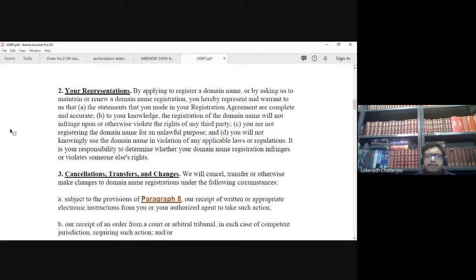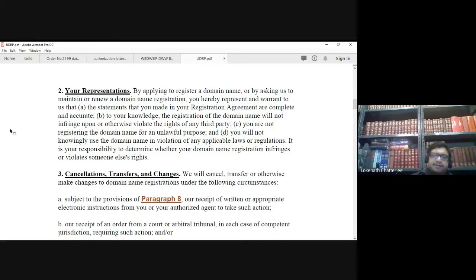So there is an implicit undertaking, there are these 4 essential undertakings: that the information is complete, and the registration will not infringe upon or violate the rights of any third party, which essentially means that it will not violate the rights of any other website.